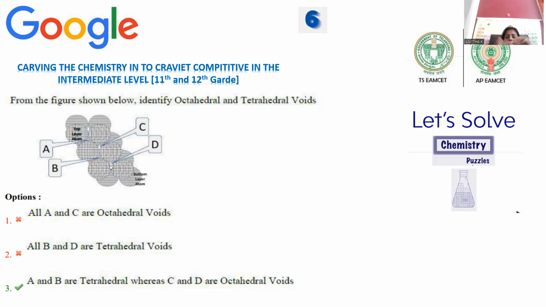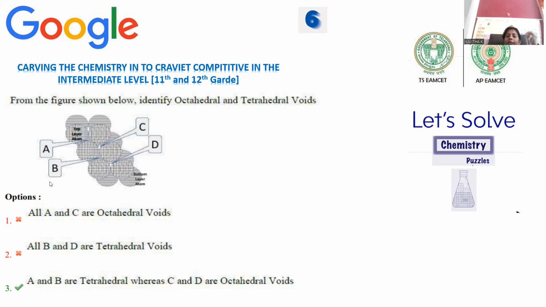In the same kind of orientation, you can notice them in the opposite direction, backside also. So this D is also 3 plus 3, 6. In between 6, whatever gap is there, that is said to be an octahedral void. So C and D are designated as octahedral voids.